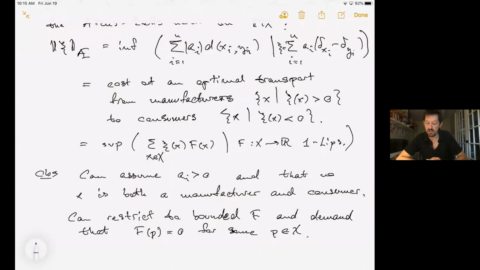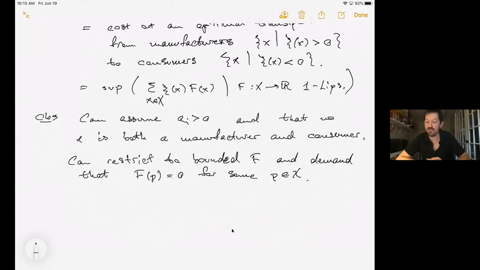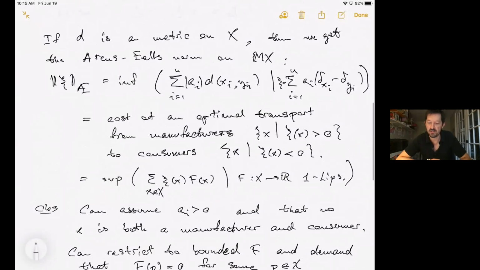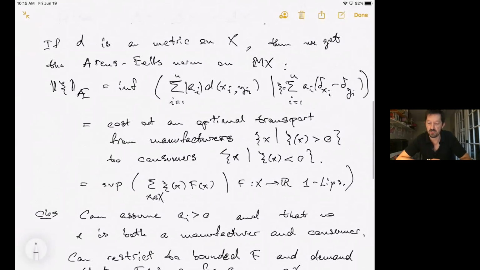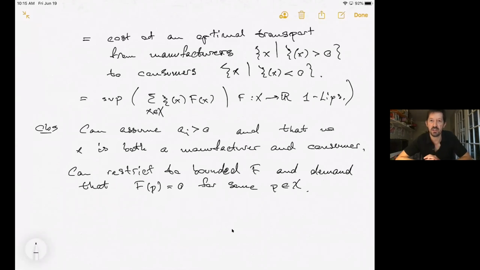Okay, so this last indication tells you that there are different ways of expressing the dual of this space. When you complete M(X) with respect to the norm, then you get the dual, which you can either take to be the Lip_0 functions, those that are 0 at a specific value, or the bounded Lipschitz functions with the norm.